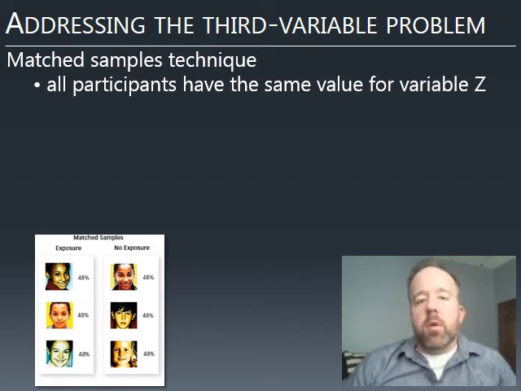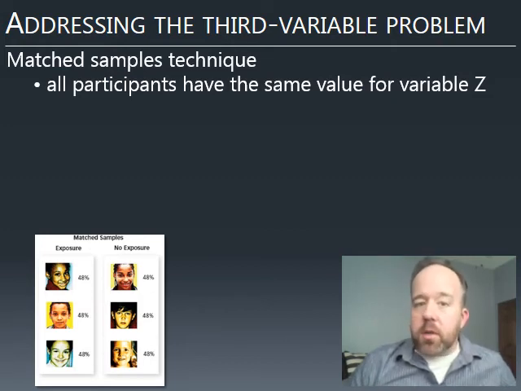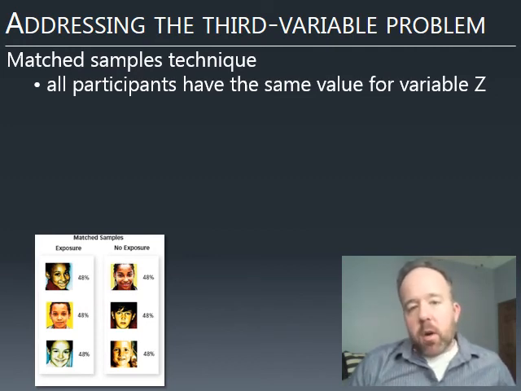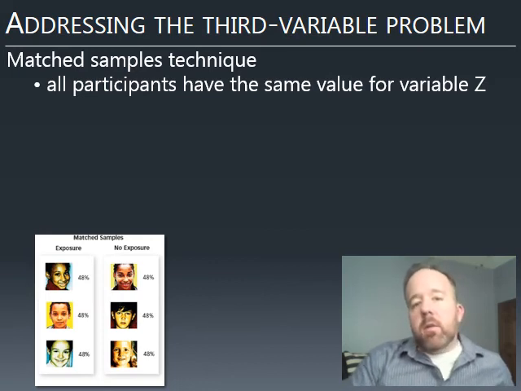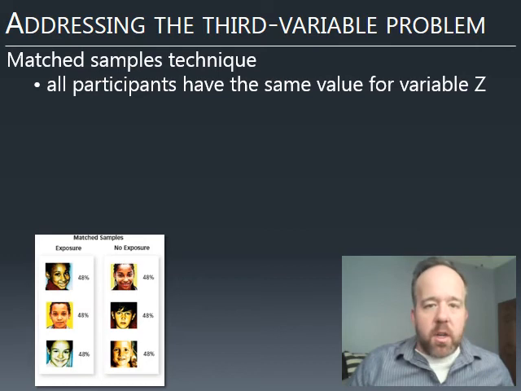You only recruit participants that have the same level of adult supervision. So that way, if you see that correlation, it can't be due to some variation in adult supervision because there is none. You've eliminated the variability in adult supervision. So differences between children that watch violent programs and children that don't can't be because of adult supervision.